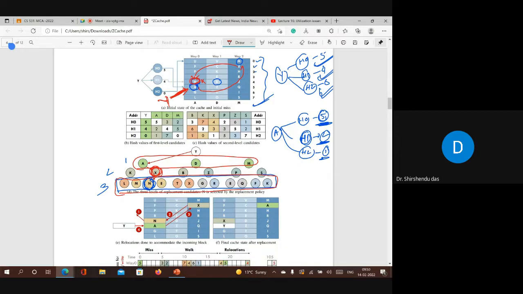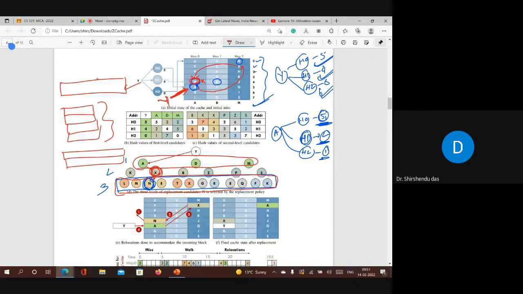As I said, if you have a fully associative cache, then there will be no utilization issue. Instead, if you have a cache with four ways, then there will be utilization issues. But there is an intermediate option also, right? If there is only one set, this is a fully associative cache, and there is no local utilization issue.